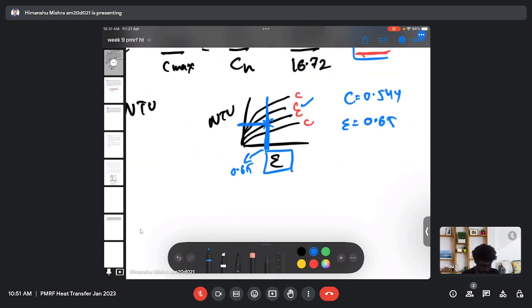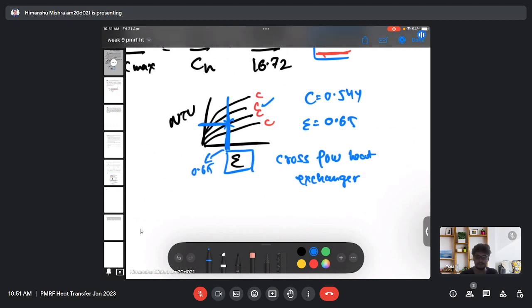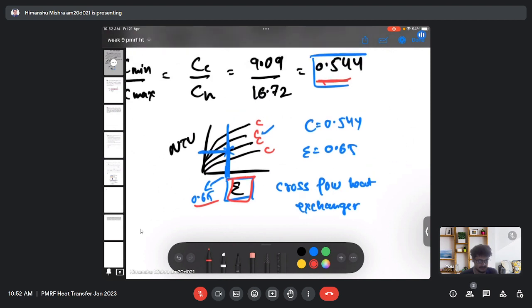For the cross flow heat exchanger, you can look for this NTU versus epsilon plot in any textbook. We were given the effectiveness, which is 0.65, and we calculated the heat capacity ratio, which is 0.544.